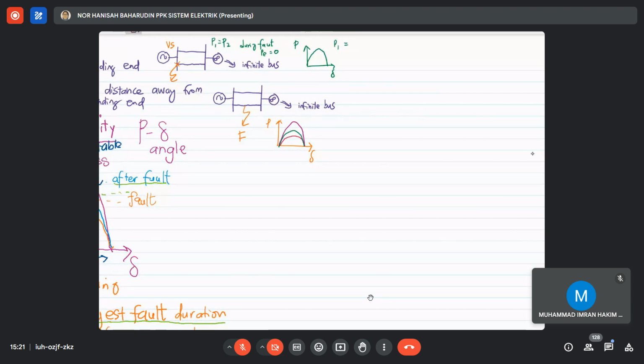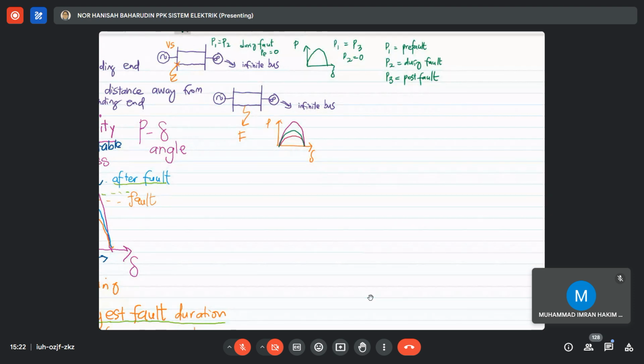I want to use P1 as pre-fault, P2 as during fault, and P3 as post-fault. So P1 will be equal to P3 and your P2 will be equal to 0 during fault.